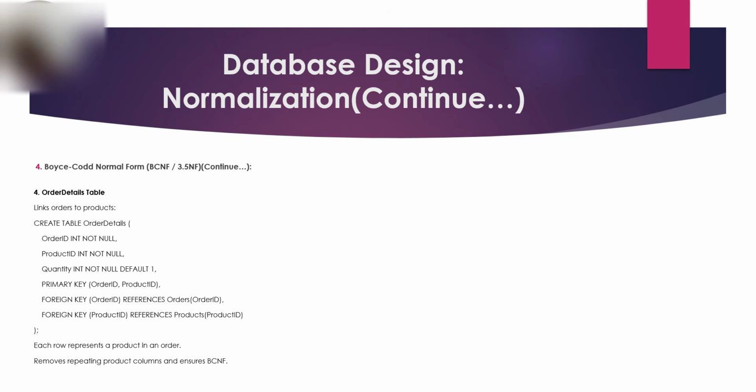Here: order ID, product ID, quantity. The primary key is order ID plus product ID. The foreign key order ID references the primary key of the orders table, and product ID references the product table.